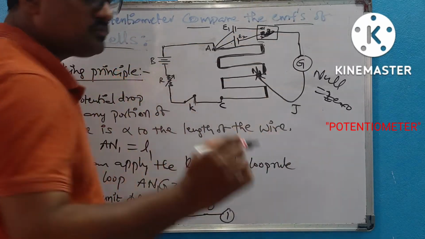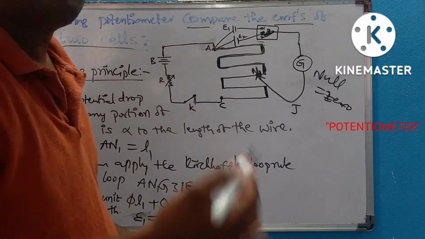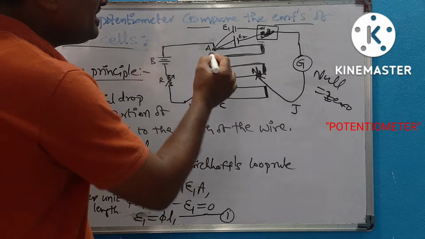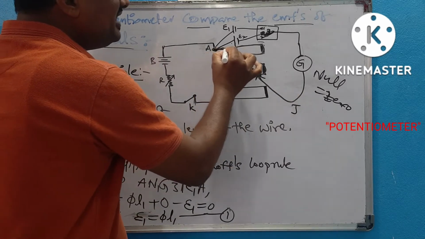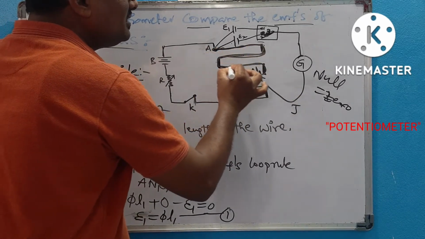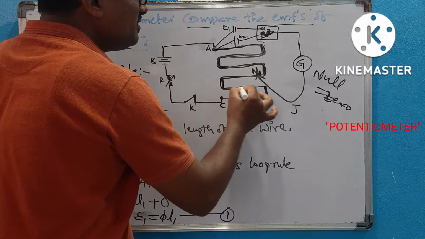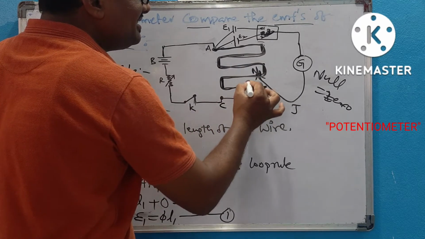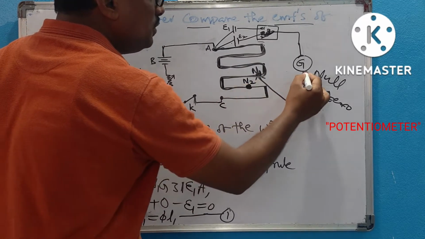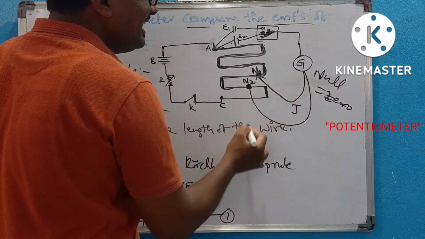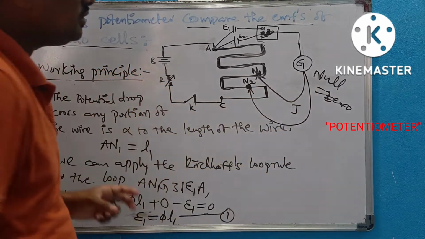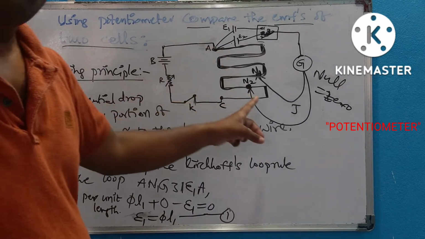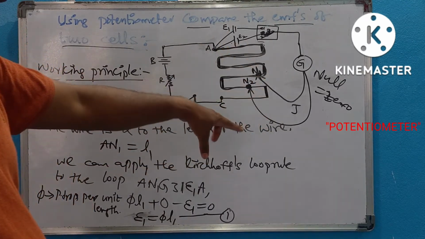Now again the same process is repeated. The jockey is placed at point A and we move it along the length of the wire. At some point N2, the galvanometer shows null deflection again.